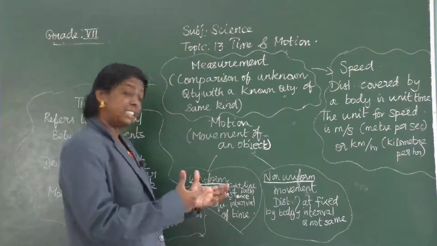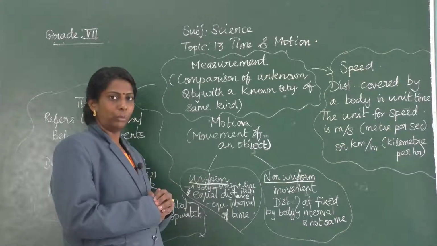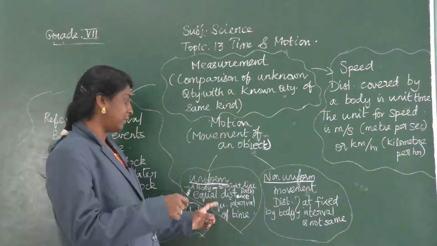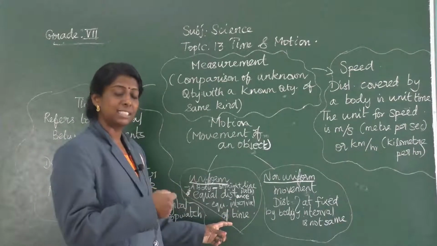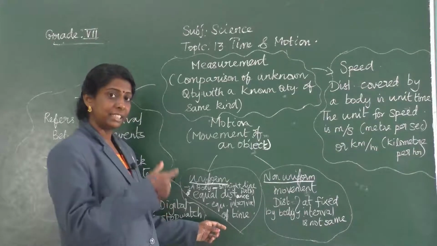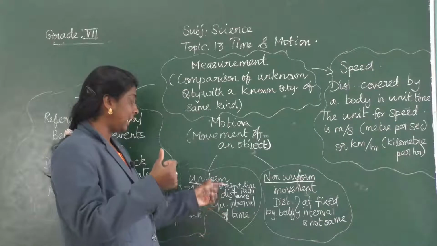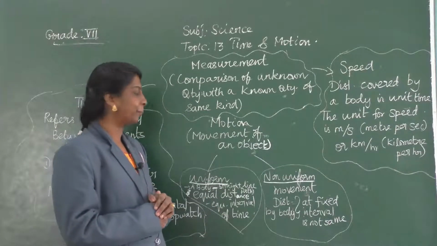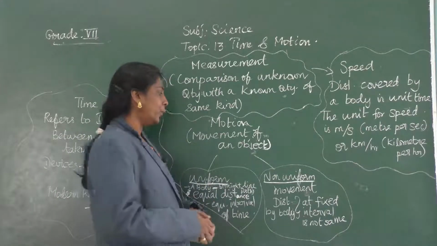Equal distance, for example, 50 kilometers, and if it is covered in equal intervals of time, for example 20 minutes or 30 minutes each, that is one example for uniform motion. Clear? Yes.